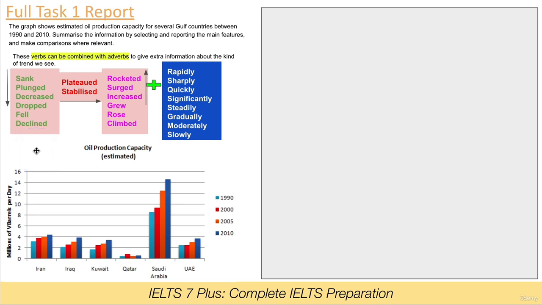That's another criteria. And of course, we've got our bar chart here. So what is the first thing that we need to do? We need to paraphrase this sentence here. The graph shows estimated oil production capacity for several Gulf countries between 1990 and 2010.